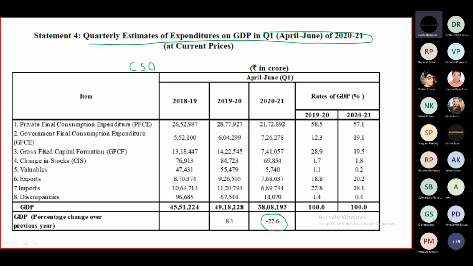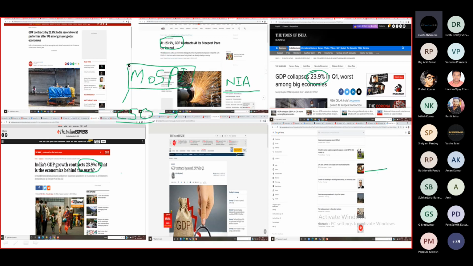The difference is because here, we are looking at current prices GDP, whereas these news agencies reported what is called the constant prices, or real GDP.